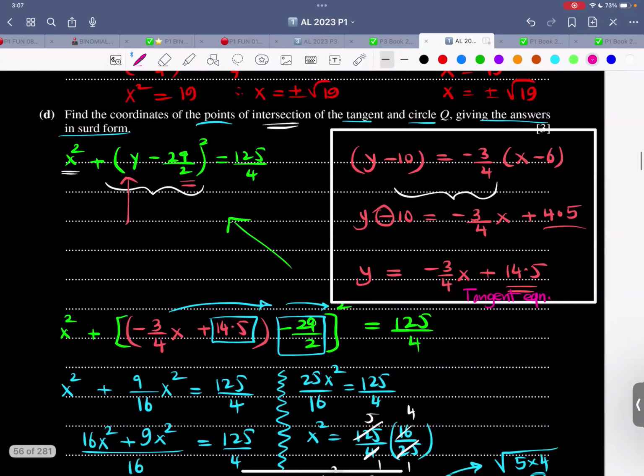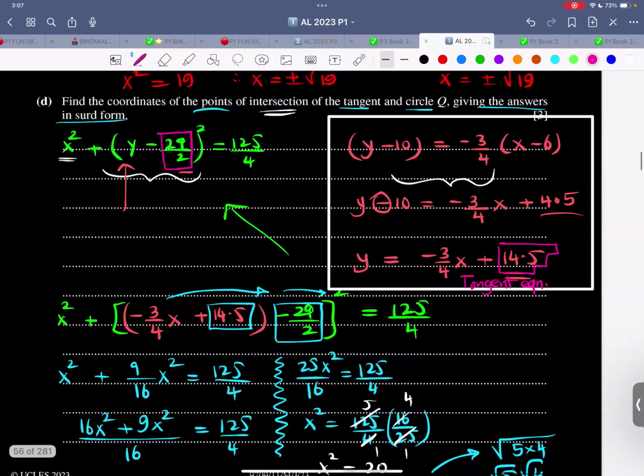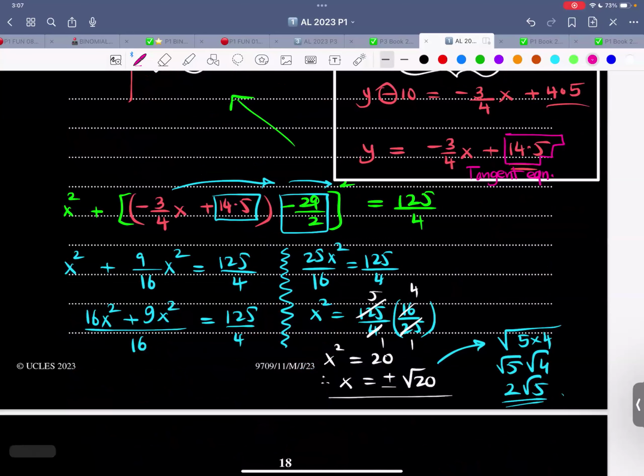So now when I plug it in, you see a 29/2 in this equation and a 29/2 in this equation. So luckily, things get cancelled out. And we have the equation x squared plus (negative 3/4 x) whole squared. That is 9/16 x squared equals 125/4. Multiply throughout by 16, or take the LCM.